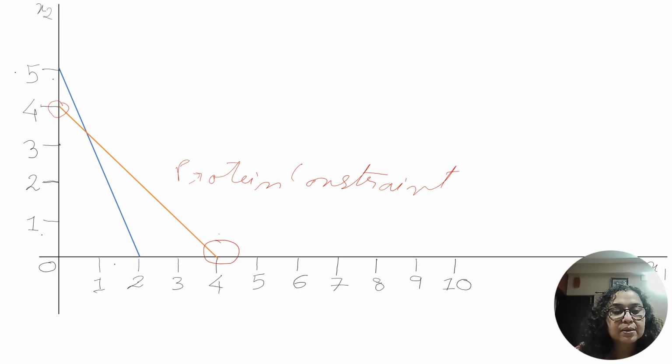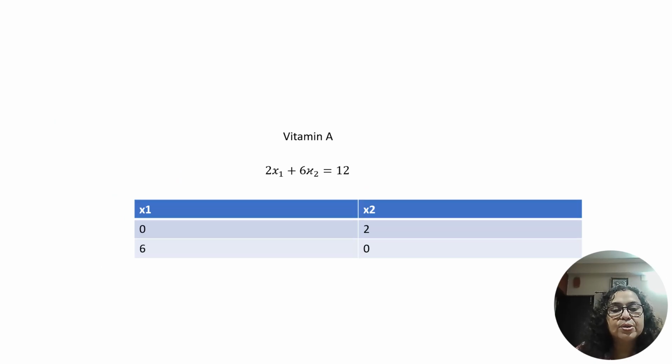Next, let's go to the vitamin A constraint. In the same way, maybe it's a bit boring because we're doing the same thing over and over again, but nevertheless, it's better to explain. Now, again, we set x1 equal to 0.